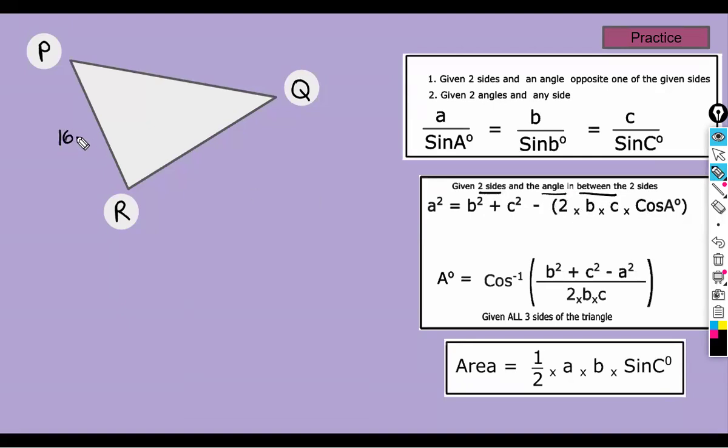So let here be 16 meters. Let here be 31 meters. And the angle in between, let's put it as 68 degrees. Draw that and wait on me. Well, at least put in the small letters. And the aim of the question is to find this question mark over here.